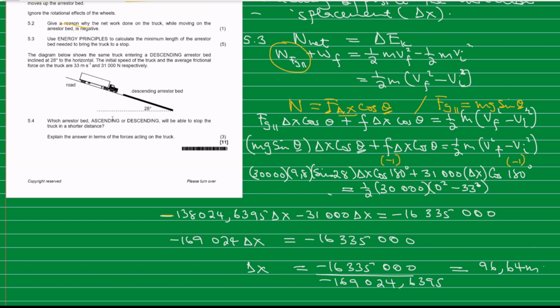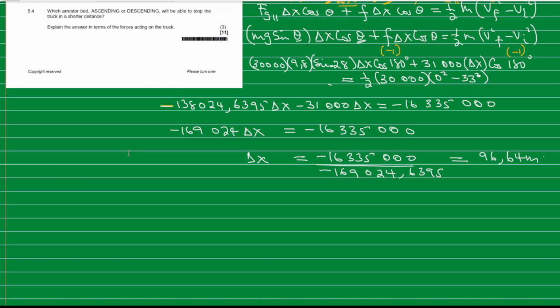Which means that the minimum distance traveled by the arrestor is 96.64 meters. Okay.